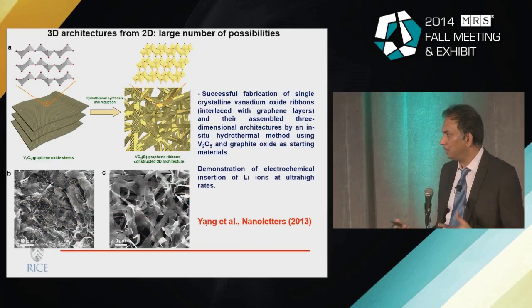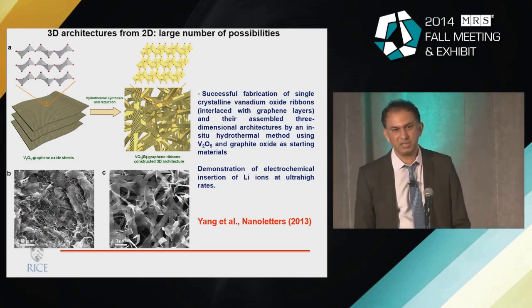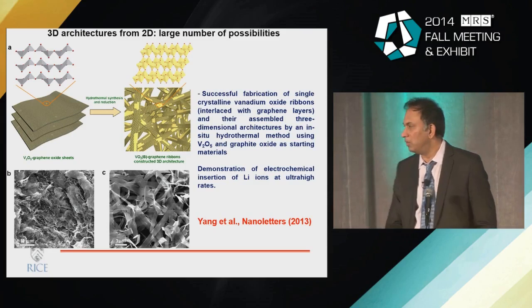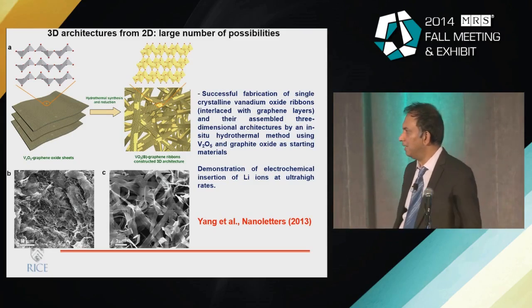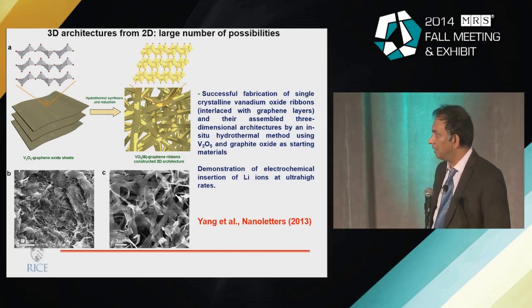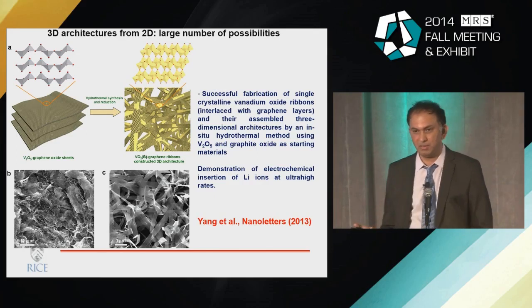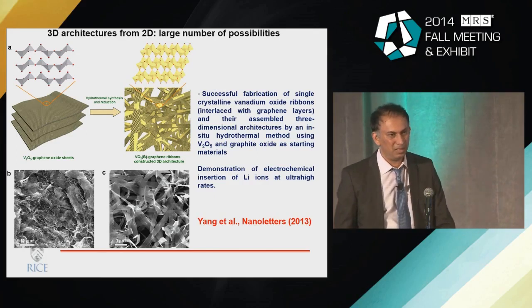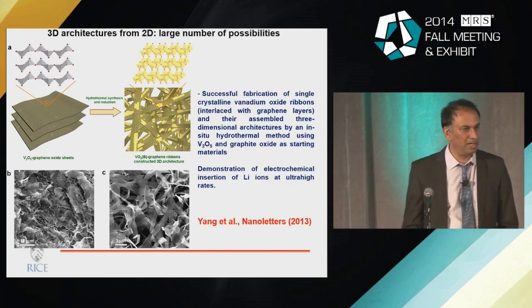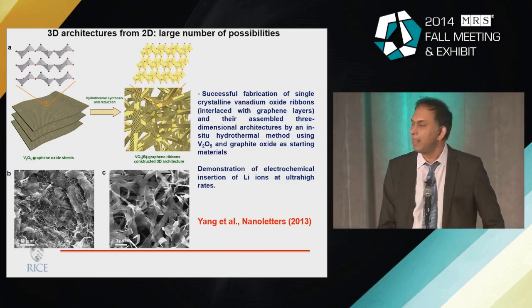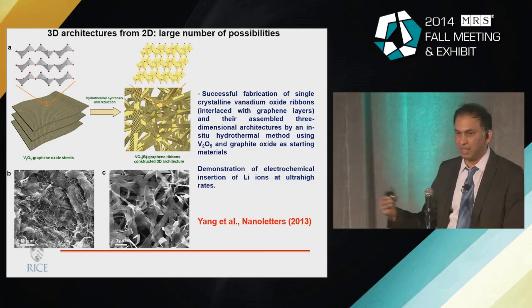And again, as we've seen already, carbon is just one element in this whole possible range of things that we can do. There are other materials. I haven't really talked much about oxides and borides and so on. There are many layered systems that can also be interesting. Here is an oxide carbon system.